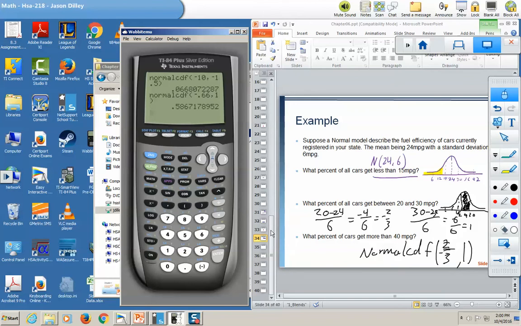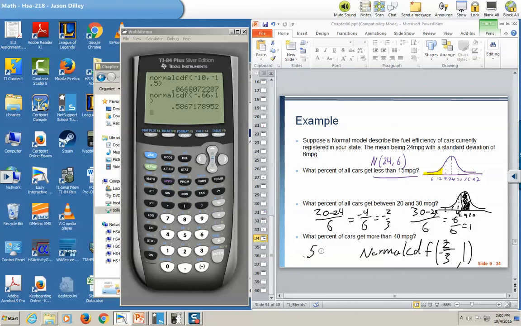And there it is, 0.5867. So we can say 58.7%. So how many cars get between 20 and 30 miles per gallon? 58.7% of them do. Again, I found the z-scores for 20 and 30, and then I used the NormalCDF command to give me a lower and upper bound for those pieces.